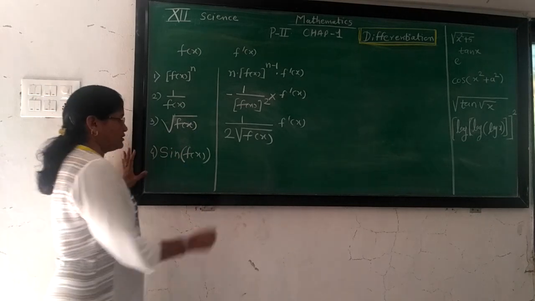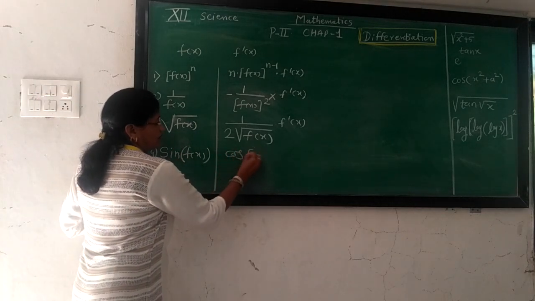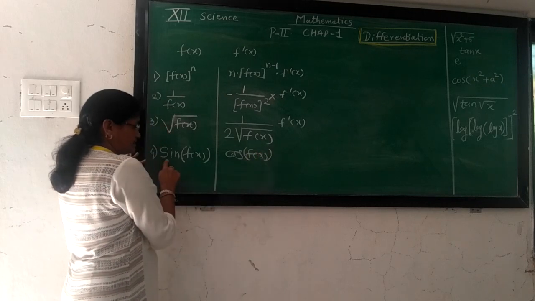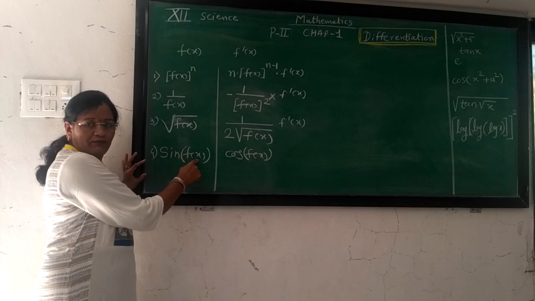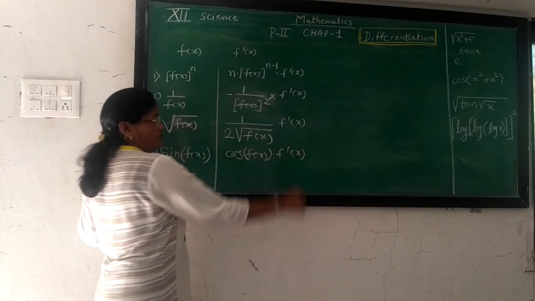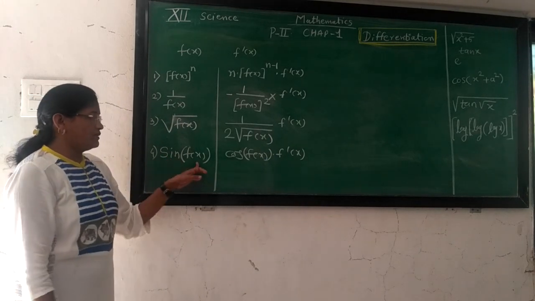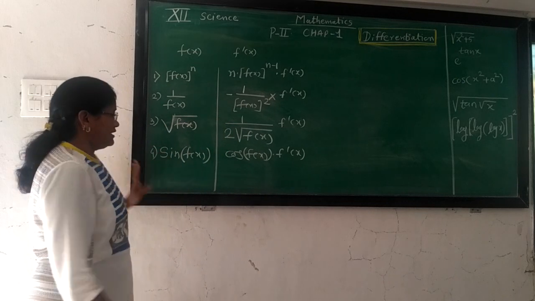First we find the derivative of sine, that is cos of f(x). The derivative of the sine function is the cos function, but the angle of the sine function is f(x), so we multiply by its derivative f'(x). So the derivative of sine of f(x) is cos of f(x) multiplied by f'(x).